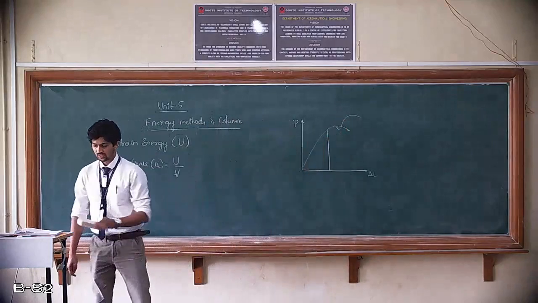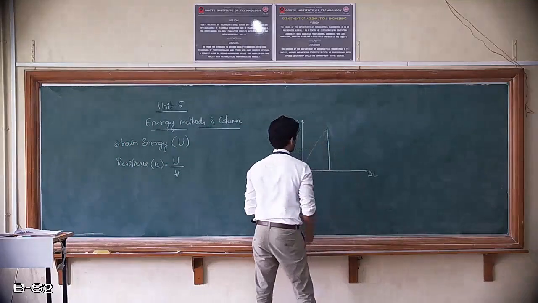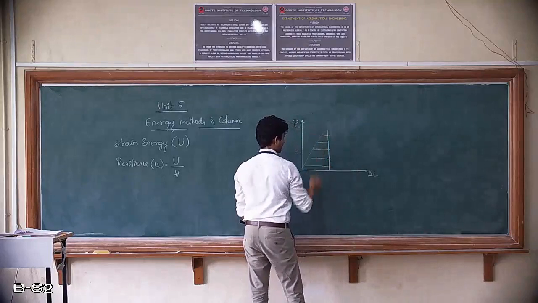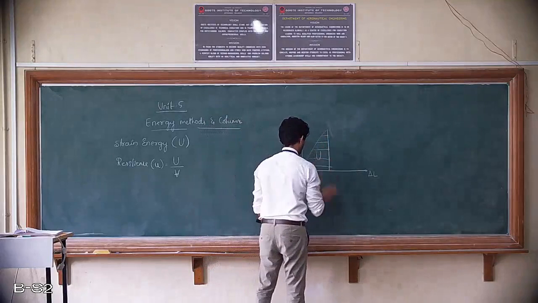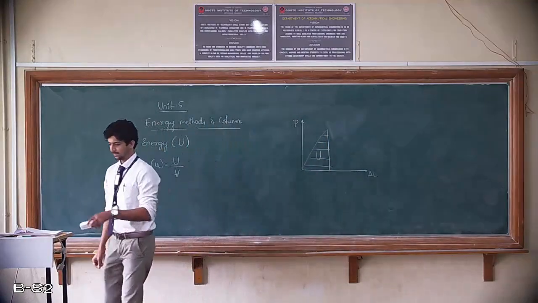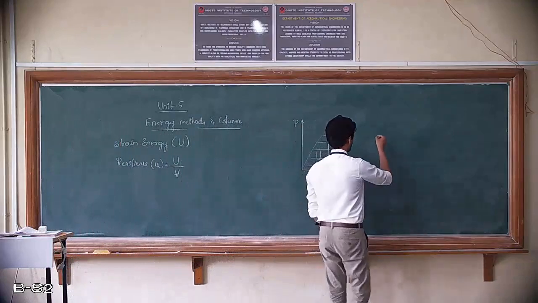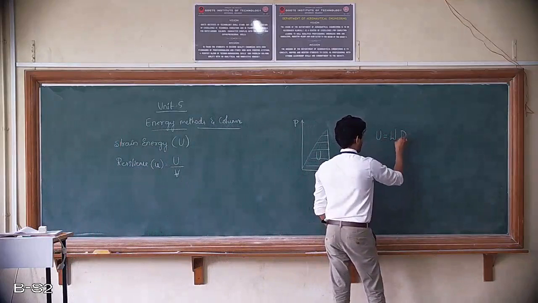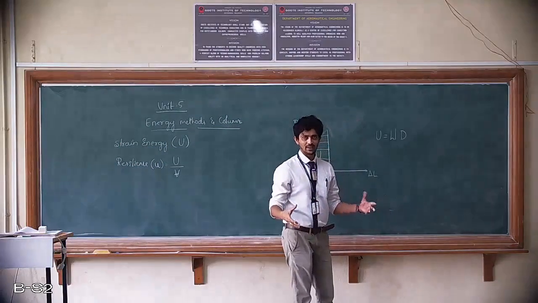When it is within the elastic limit, the area under this curve, which is a linear curve, will give us the strain energy. From thermodynamics, we consider strain energy to be the total work done on that material to get that particular deformation by applying a certain amount of load.